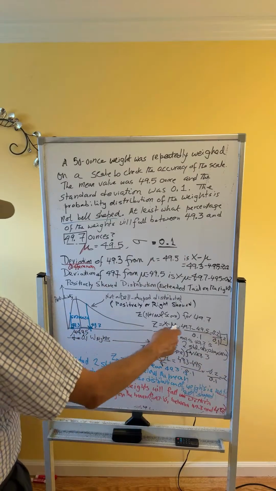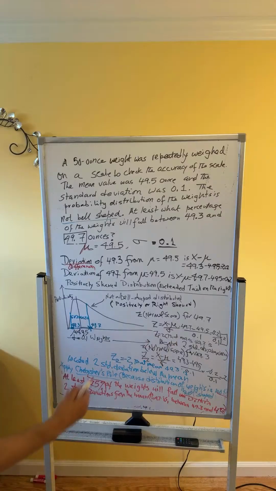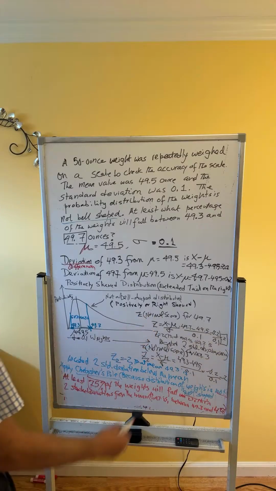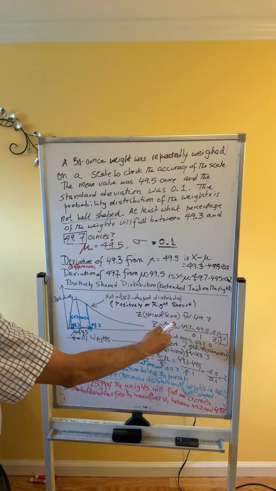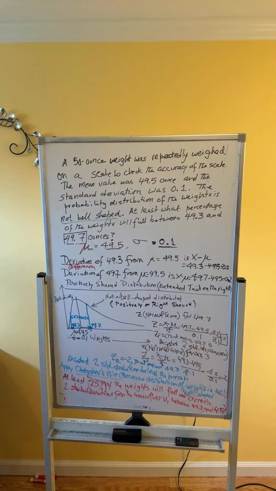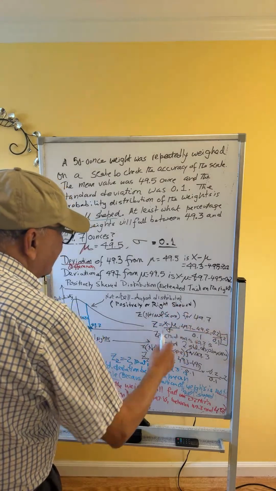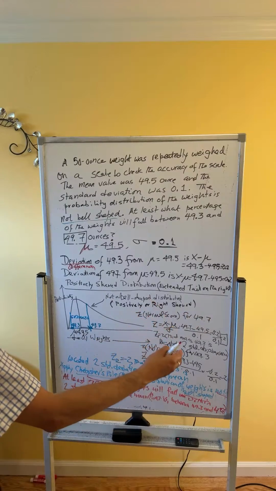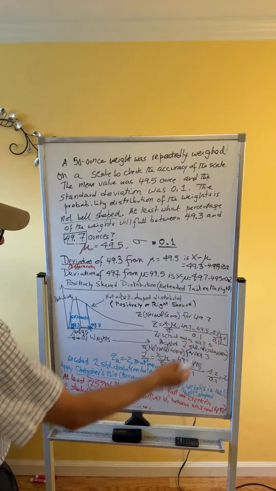Then we found the normal score of each of these numbers. One we called Z1 on the right, the other Z2. What is the definition of the standard normal score? It is the deviation from the mean divided by the standard deviation. Our standard deviation is 0.1, and for the larger number the deviation is 0.2, so 0.2 divided by 0.1 is 2.